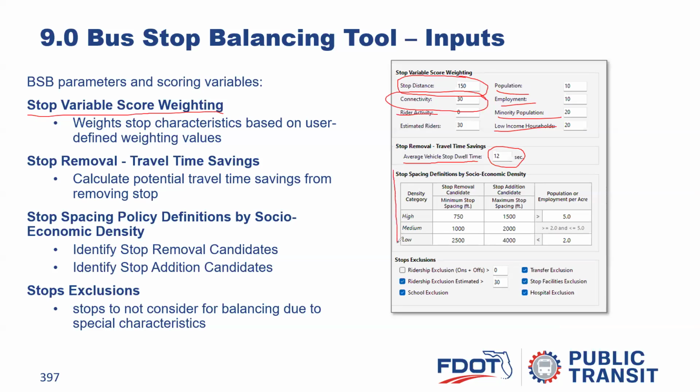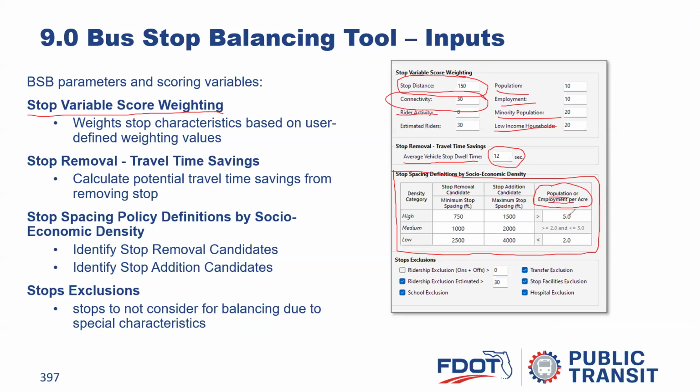The other component is stop spacing definitions by density. So generally, this is like a policy kind of thing where in high density areas, the minimum stop spacing might be 750 feet, and medium density, 1,000 feet, low density, 2,500 feet. And then the density, here's where you would define the density per acre. And this would be population or employment per acre.